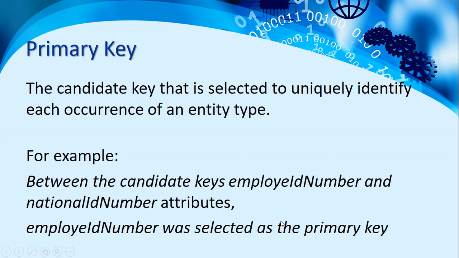So perhaps, for example, the employee ID number has 4 characters only, whereas the national ID has up to 8 characters.